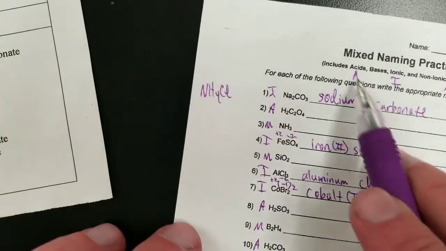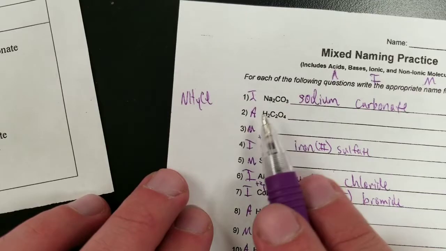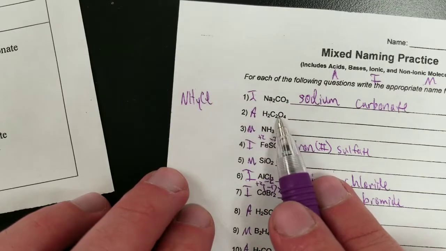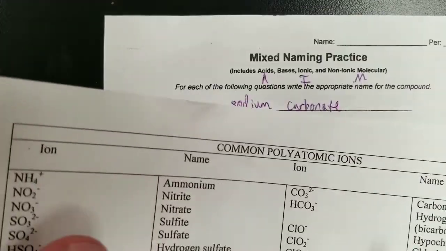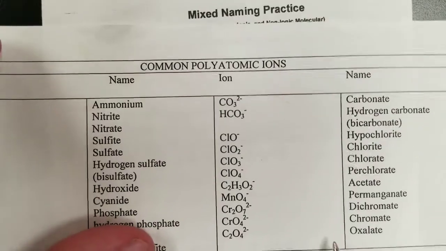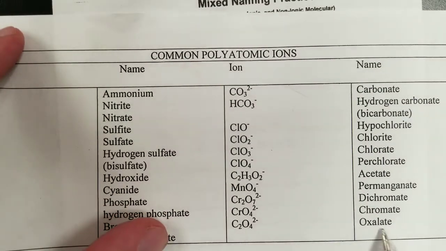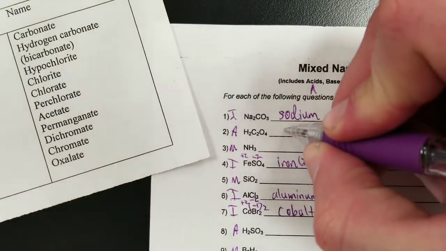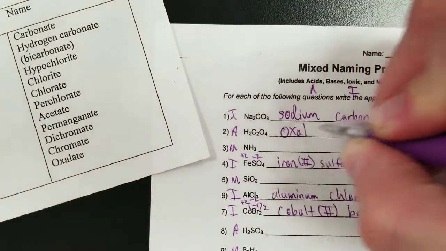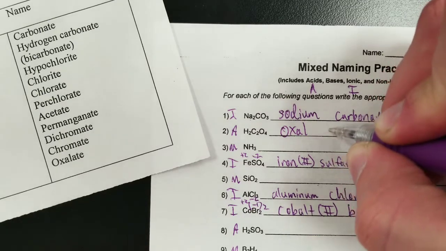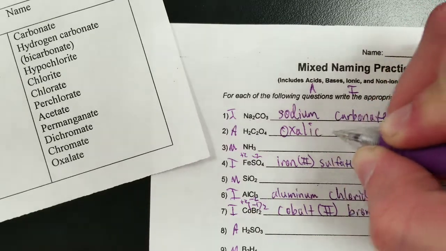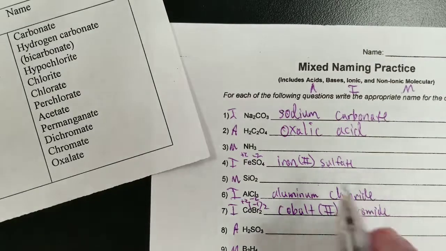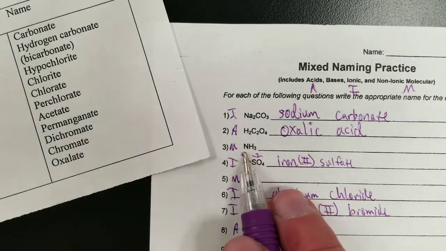Let's do the acids, because that's next. Oxalate. We always say if you ate an acid, you would say ick. So oxal, and the ate instead of ate, I'm going to say ick. Oxalic acid, because of the H at the beginning.